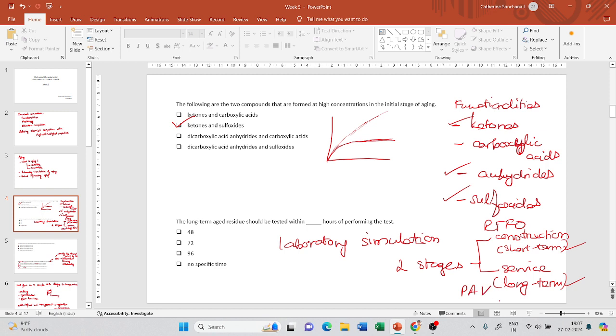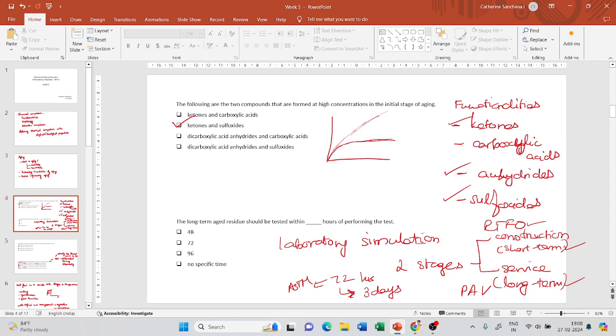Now this RTFO aged sample you cannot use after 72 hours, meaning 3 days. This is mentioned in the respective ASTM code. Whereas for the PAV aged sample, they have not mentioned any specific time.